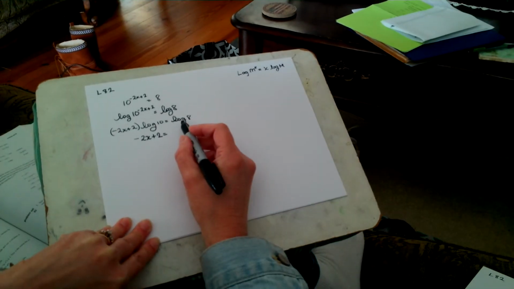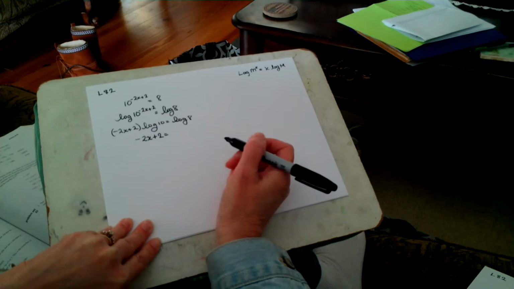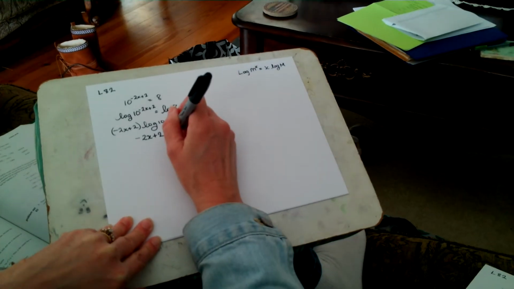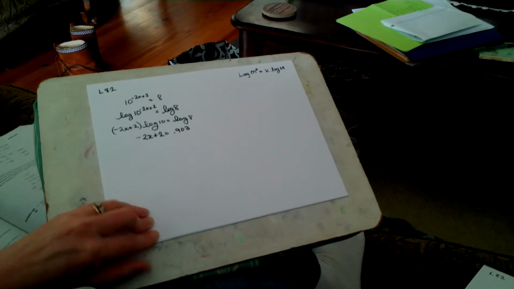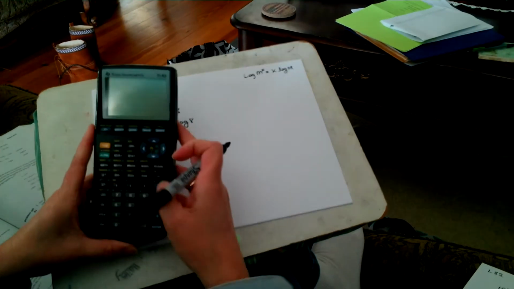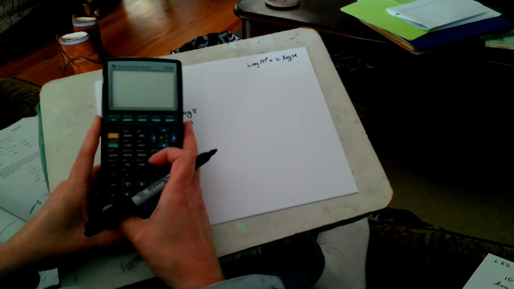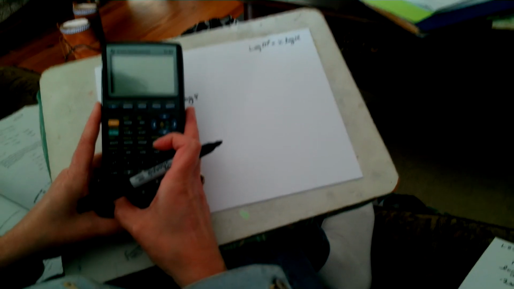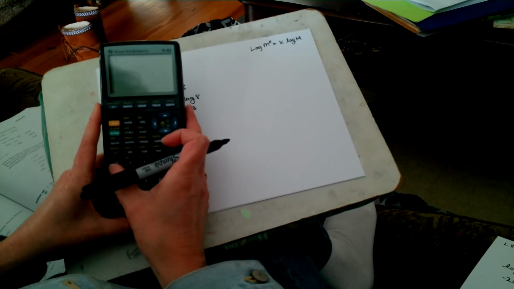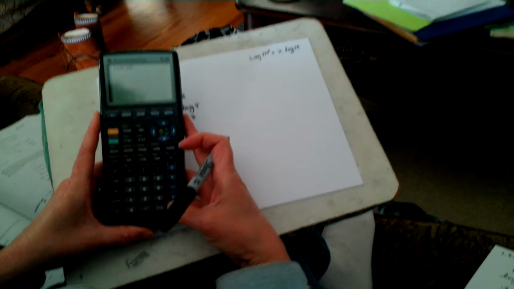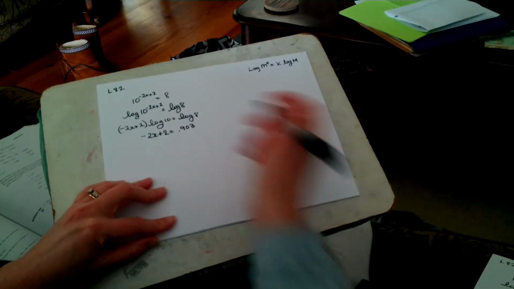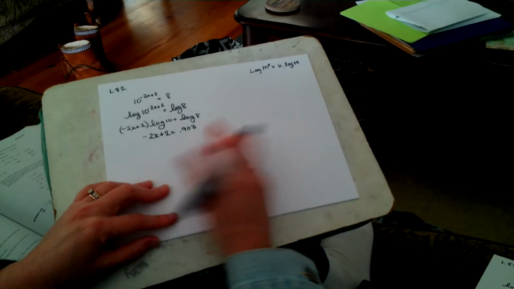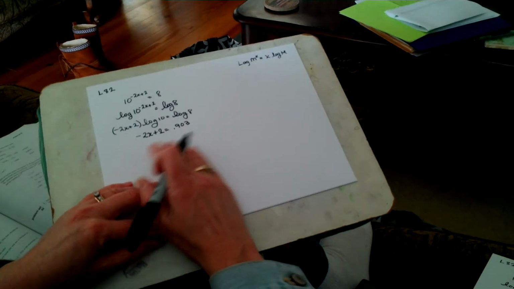Now, on the right-hand side, log of 8 is 0.903. Let me remind you what I did: log 8 equals 0.903. So now we have a simple algebraic equation.